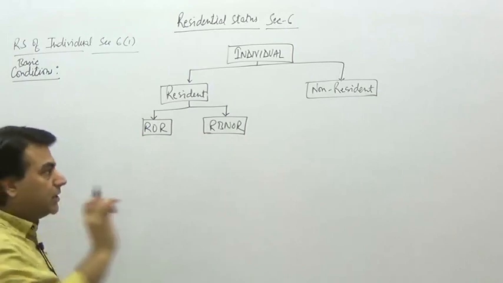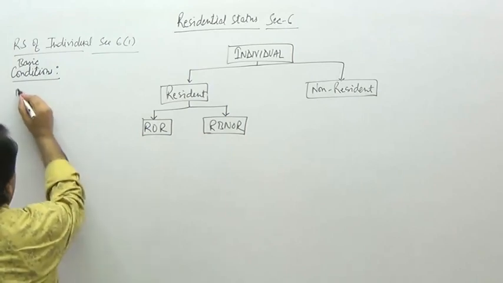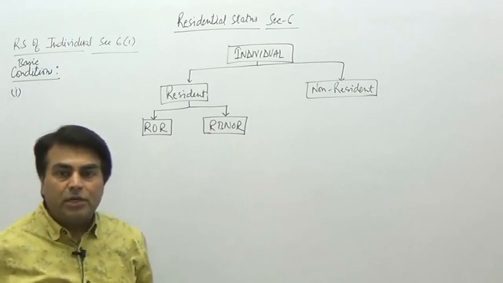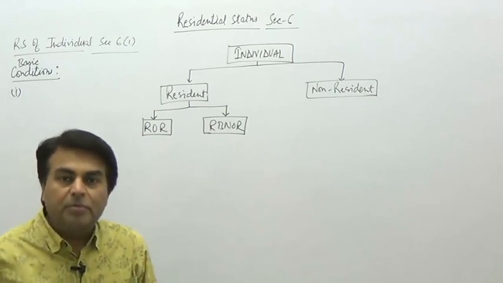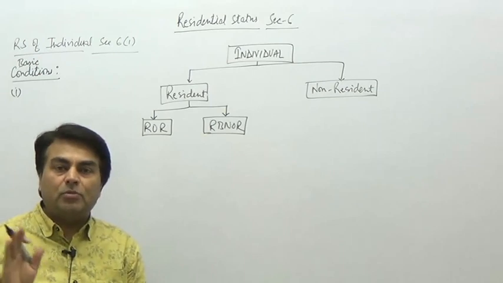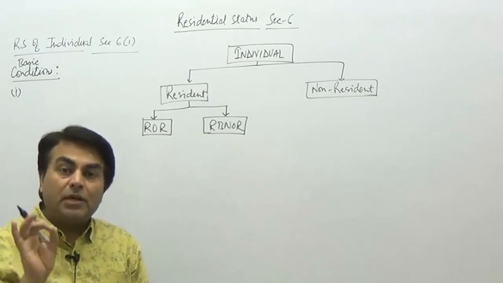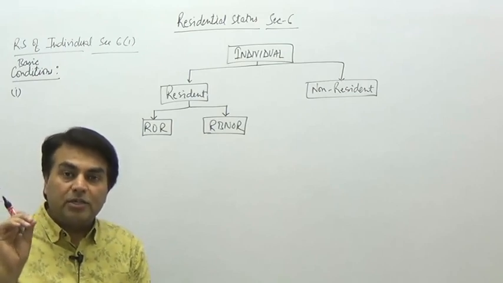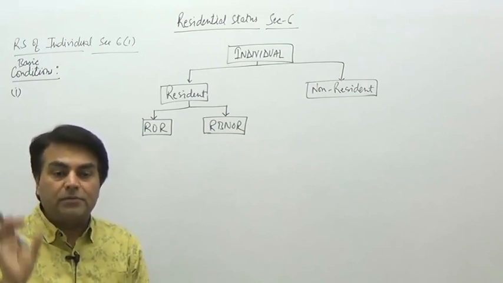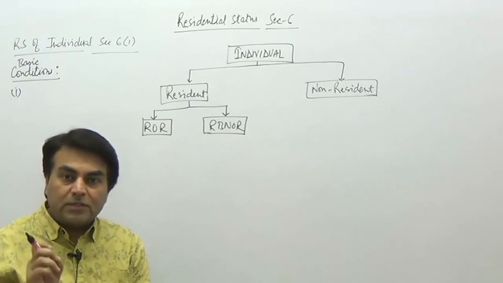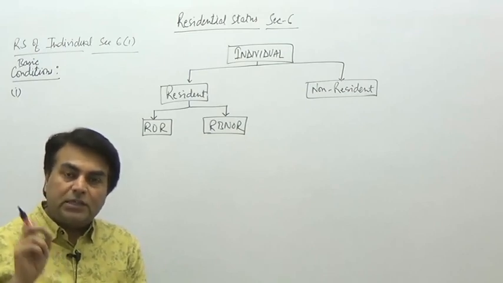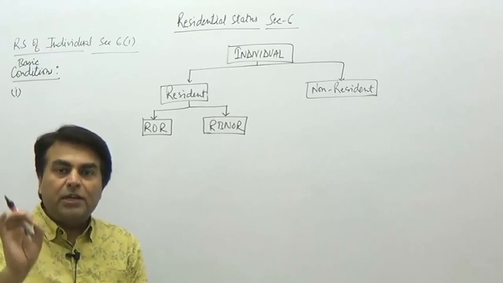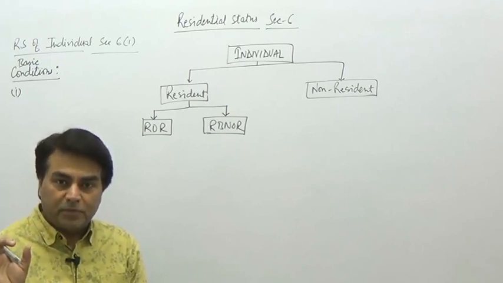The first basic condition is that he, when I say he, I am referring to the individual, is in India for a period of 182 days or more during the relevant previous year. I highlighted the significance of this word relevant. The first condition says that he is in India for a period of 182 days in the relevant previous year.